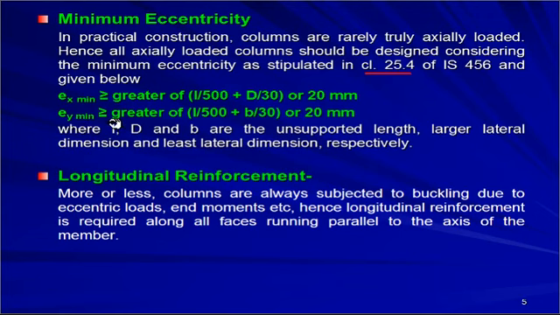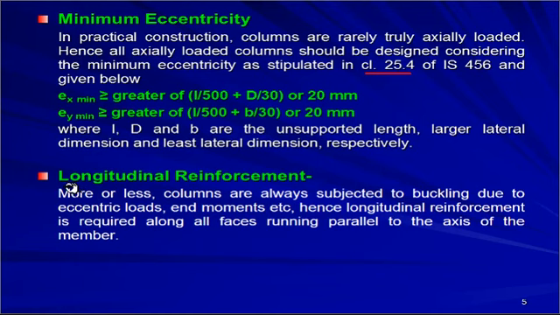Similarly, the eccentricity about the y-axis, EY minimum, shall be the greater of L by 500 plus B by 30 or 20 mm. So this is the minimum eccentricity. This minimum eccentricity we have to consider in the equation of the axially loaded column, which we will see later while dealing with the axially loaded column.